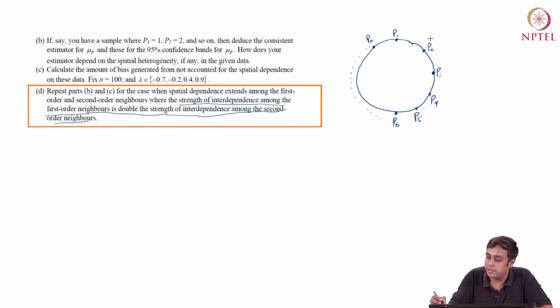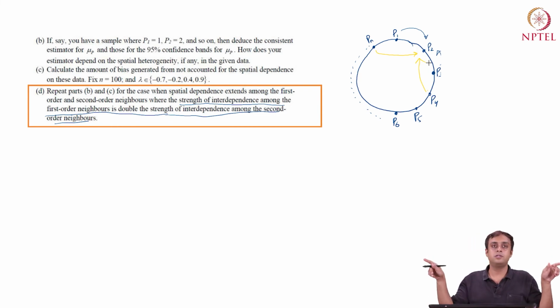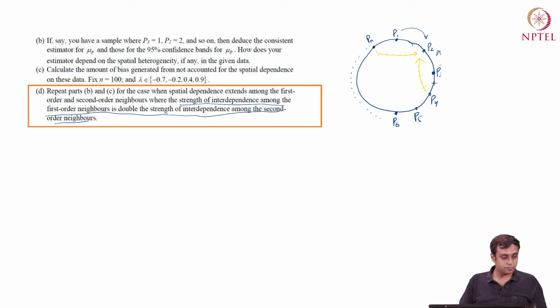It says that there will be a spillover on the value of P2 from P1 and P3, but also a spillover from Pn and P4. Although the spillover represented by these yellow arrows, which are from the second order neighbors, is half the strength of the first order neighbors.